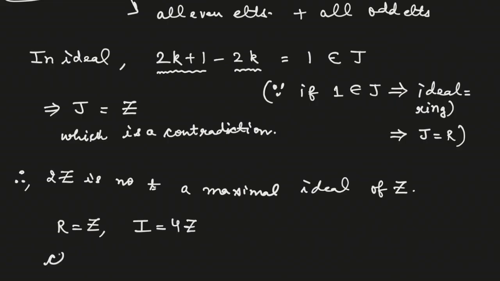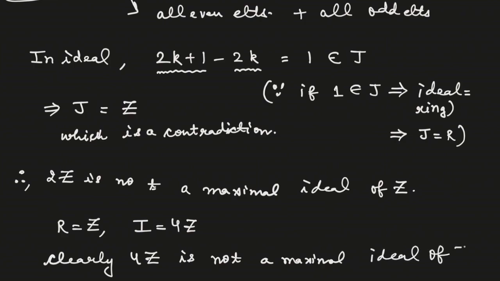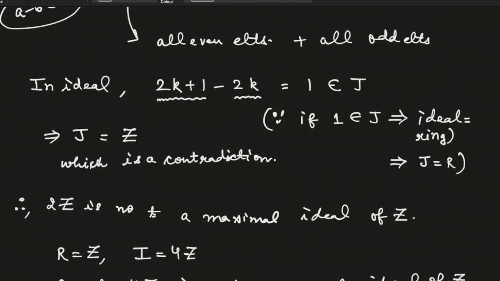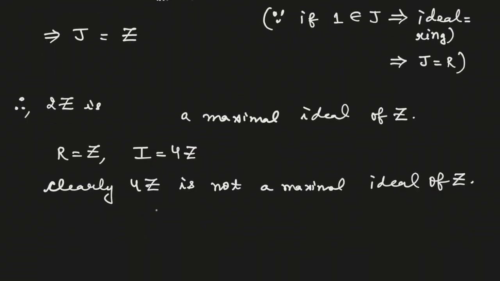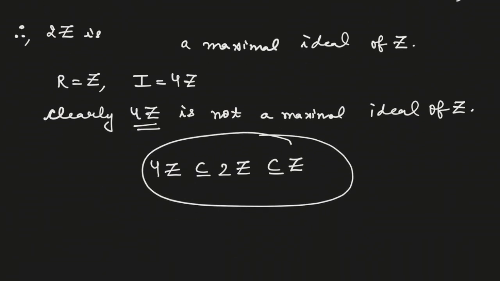Now clearly 4Z is not a maximal ideal of Z. I made a mistake here: 2 is prime, so 2Z will be a maximal ideal. Here it is 4Z, 4 is not prime, so it will not be a maximal ideal because 4Z is contained in 2Z and 2Z is contained in Z. So similarly 3Z will be a maximal ideal because 3 is prime.